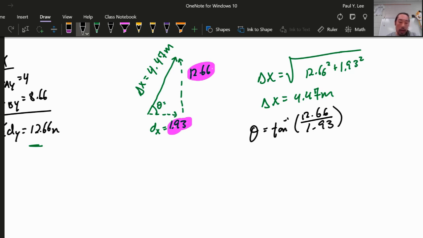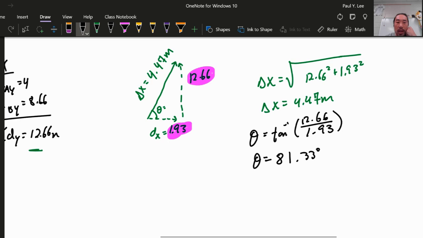And once again, pause the video and make sure you get the same results that I do. If you do that, we get an angle that is pretty steep, 81.33 degrees. So that displacement vector is 4.47 meters at 81.33 degrees.